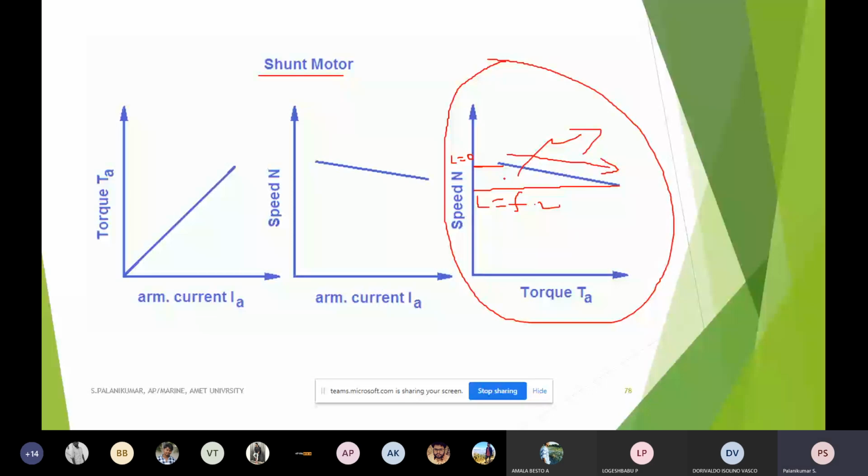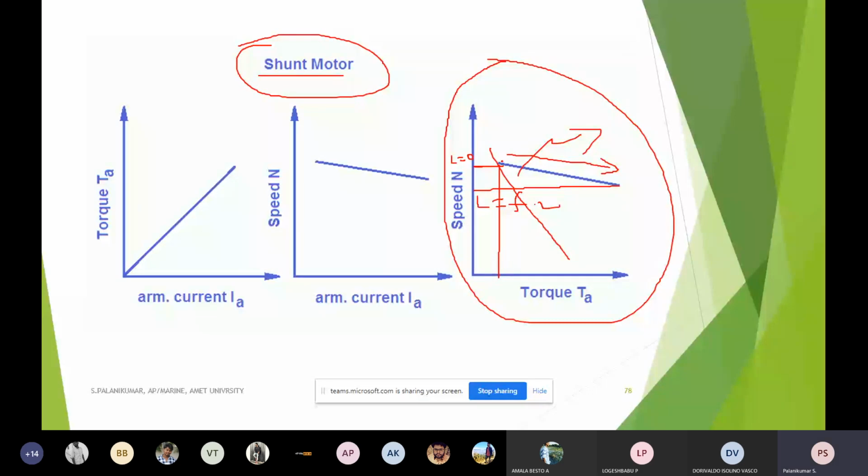And very importantly, there is a possibility of starting the shunt motor at a very high speed, even though the load is not there. When the load is added, the speed does not droop drastically; it varies only very slightly.